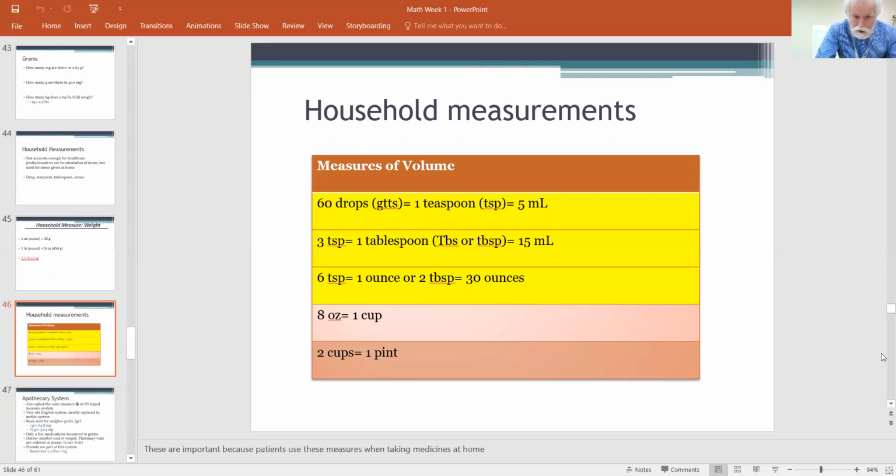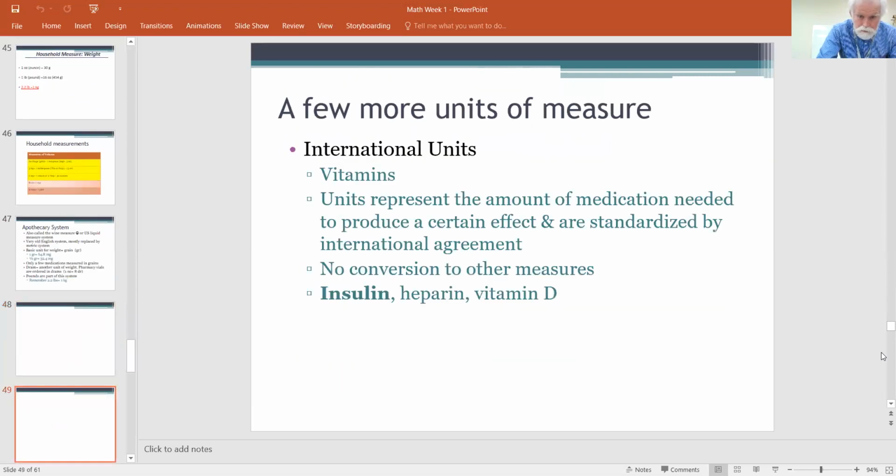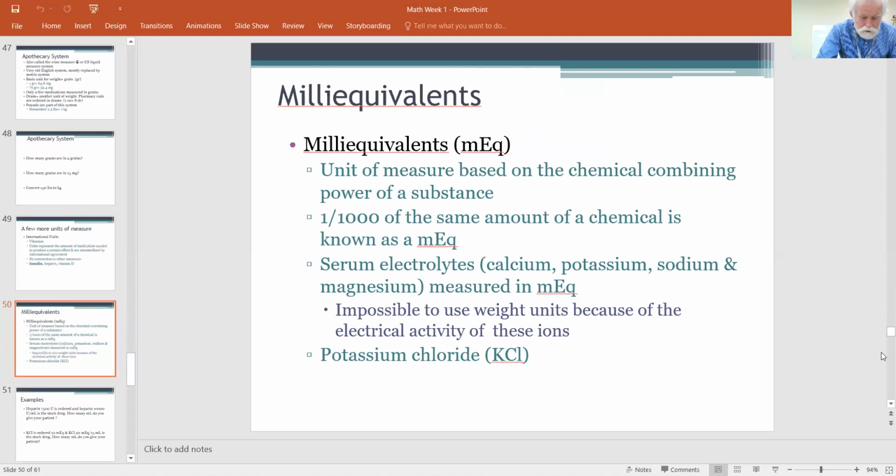Okay. So there's a couple of things that you're going to see in terms of measurement of potency of drugs. And one is the international unit, or unit.